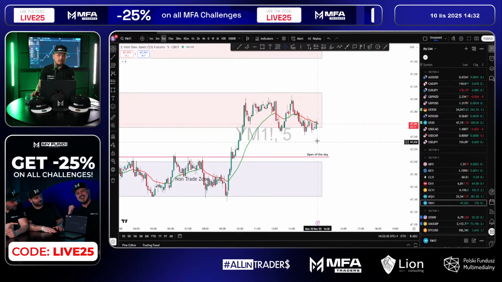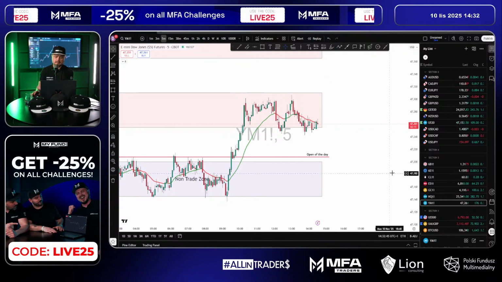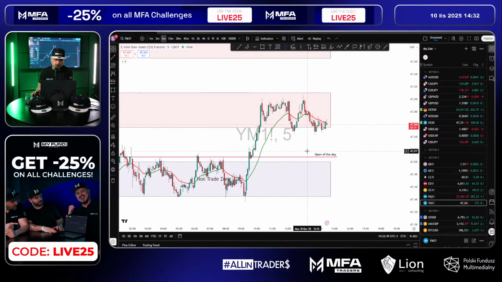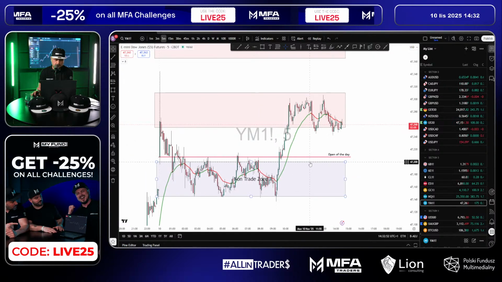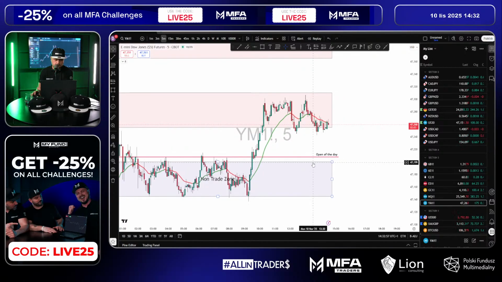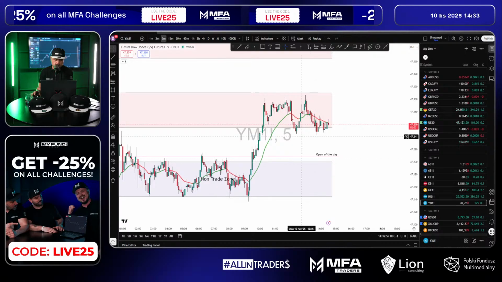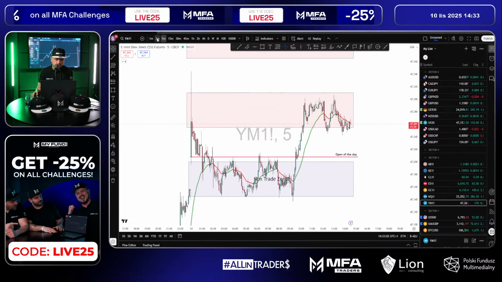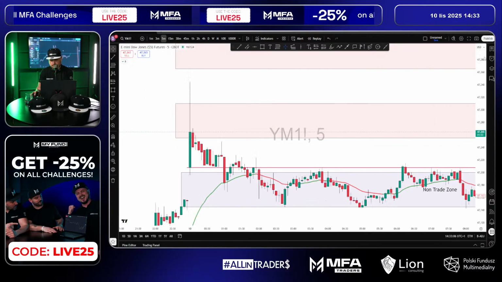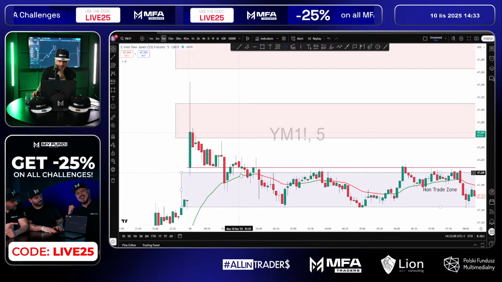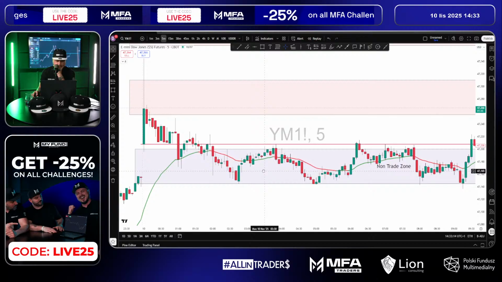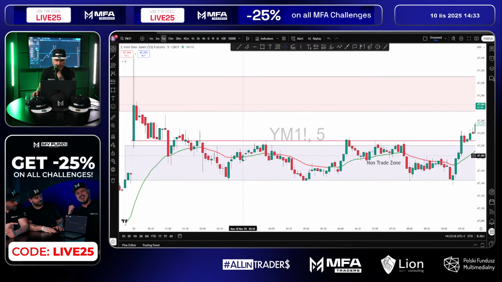Crude oil, nothing yet. Nothing's going on. Okay, let's check rotation from the morning. Bearish rotation doesn't look too good. Bullish one.